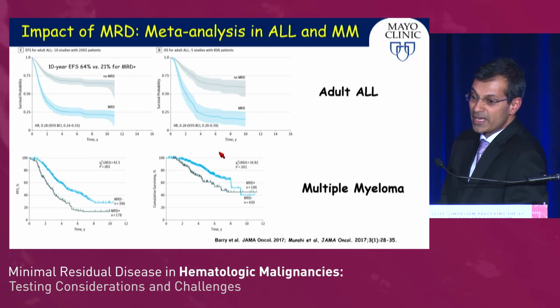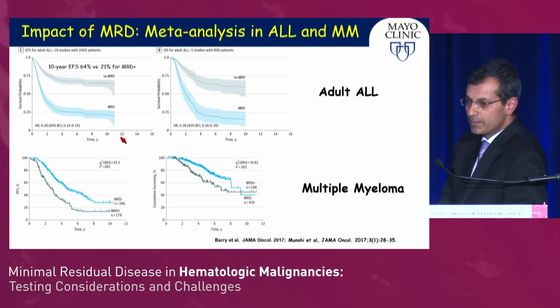In this large meta-analysis involving more than 2,000 adult ALL patients from 16 studies, the 10-year event-free survival was 64% for MRD negative patients following induction therapy or consolidation therapy, versus only 20 or 21% for patients who were MRD positive.